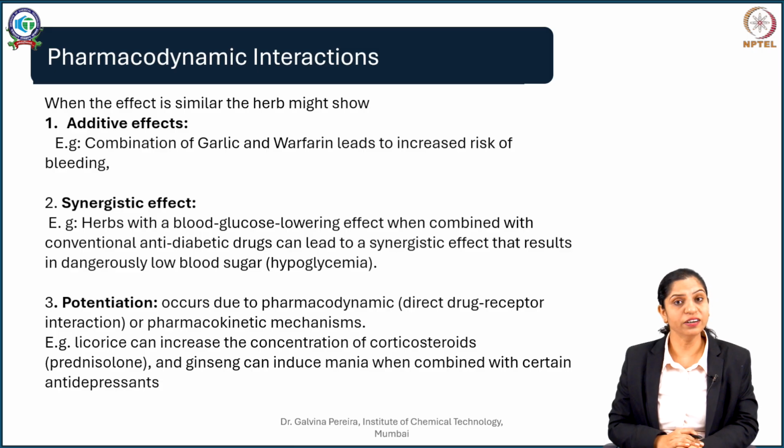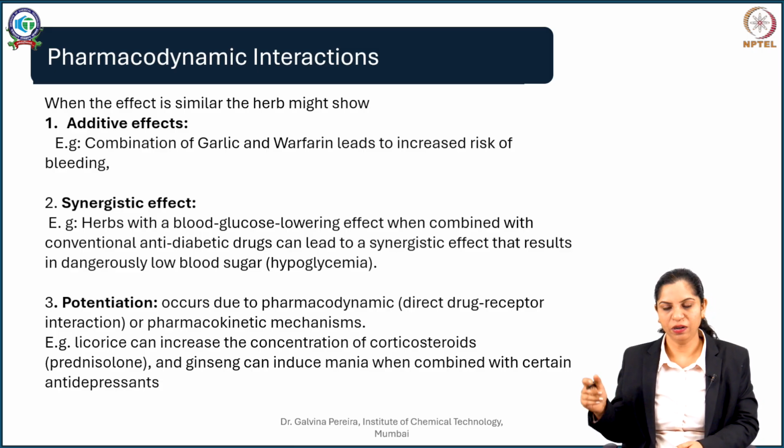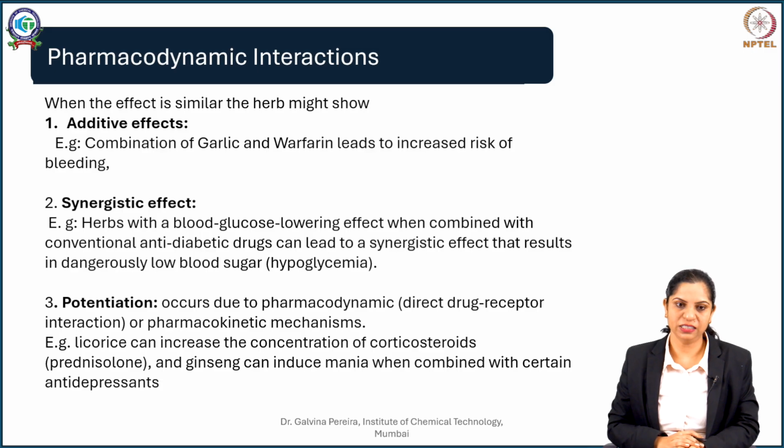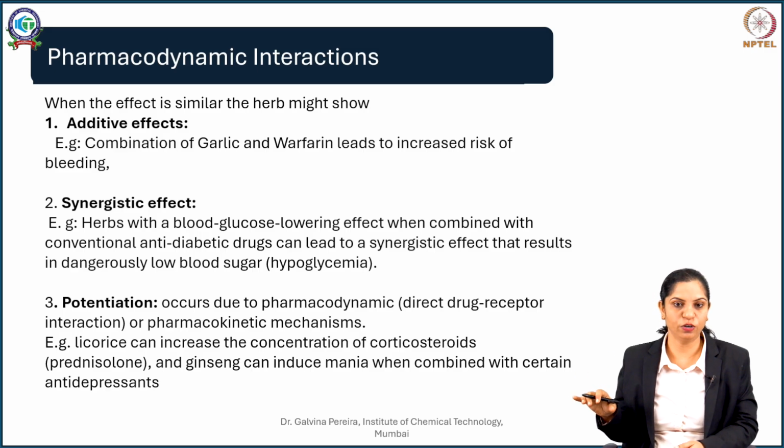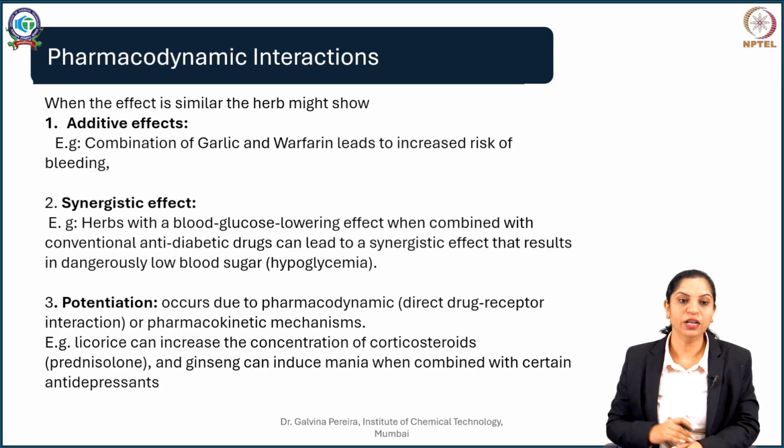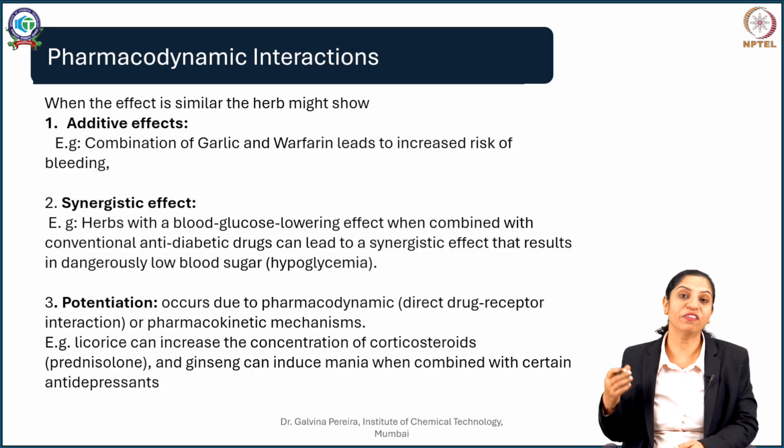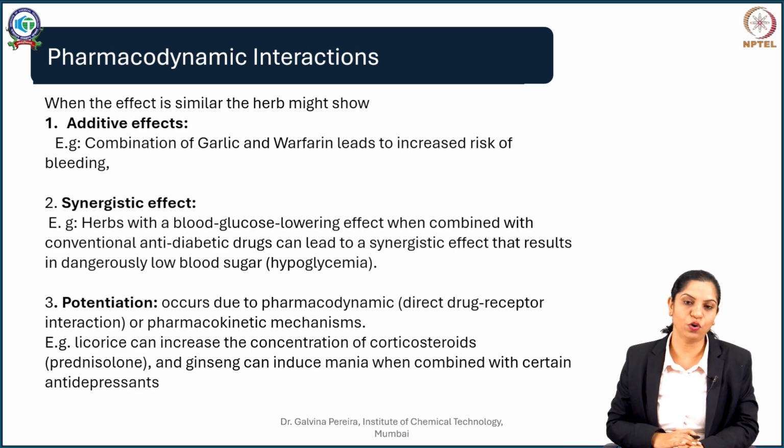Now, the third case was potentiation. We saw that licorice can increase the concentration of corticosteroids. Licorice does not have corticosteroids, but it is known to indirectly increase the concentration of drugs such as prednisolone by retentive or different mechanisms. So it potentiates the effect of prednisolone when administered.